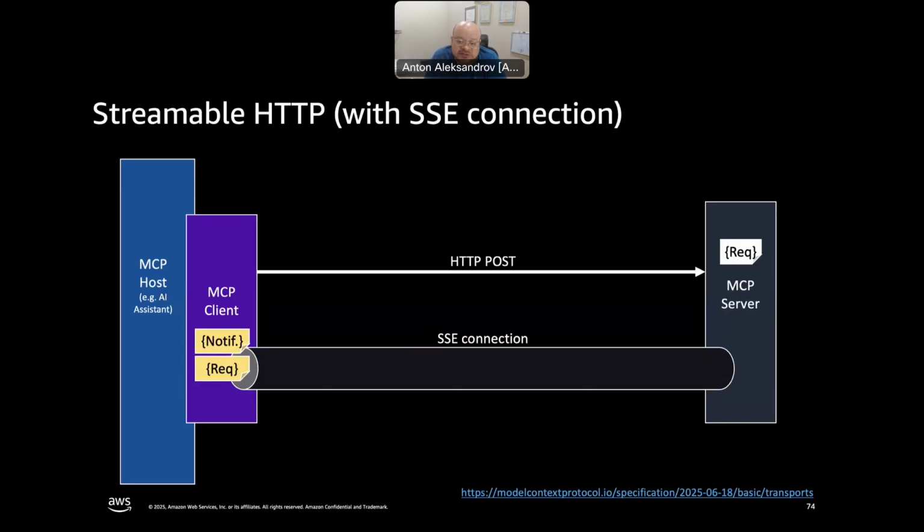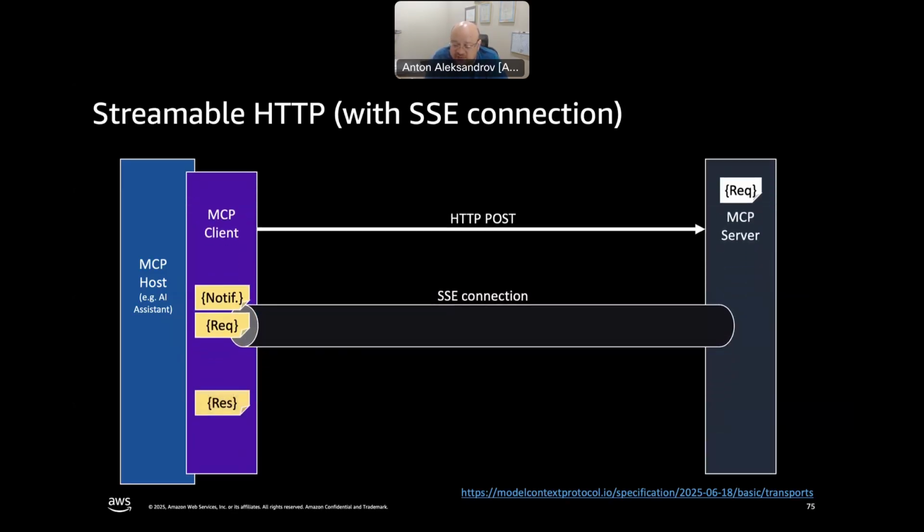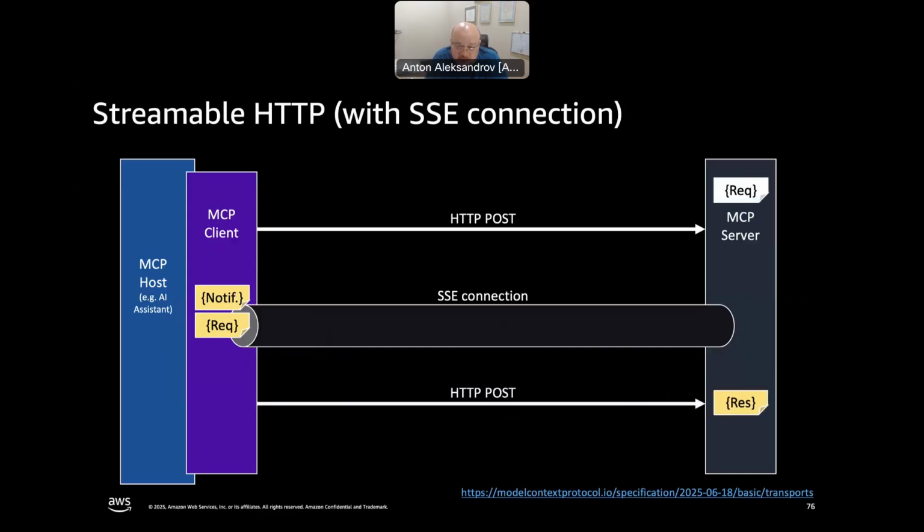And after some time, when the client has processed that server request, it generates a response, let's say it collected additional information from the user, but it cannot send that response back using that SSE channel, because like we said, it's a one-way connection. So the client will send a new POST request to the server, to which the server will reply with HTTP to accept it.